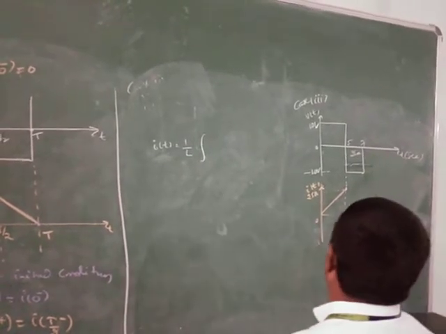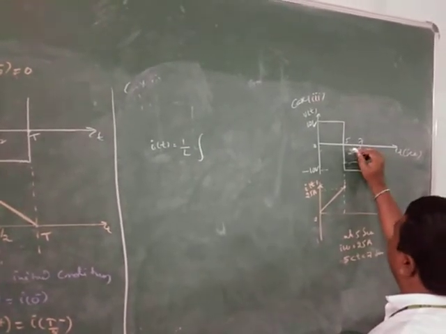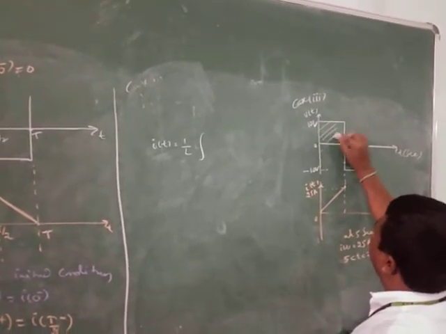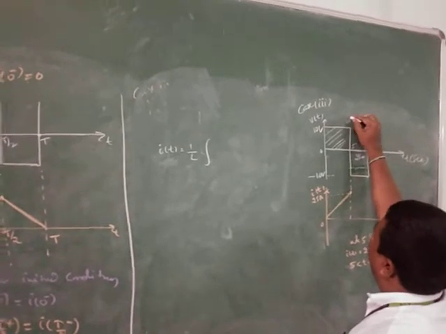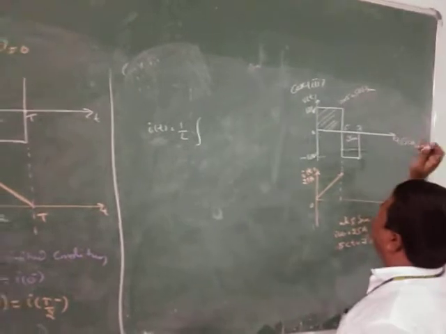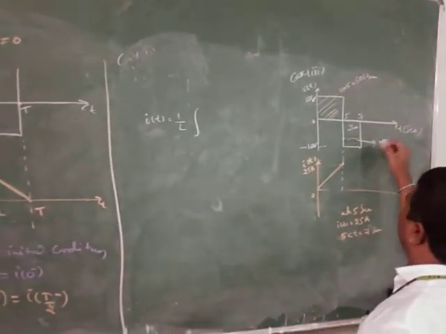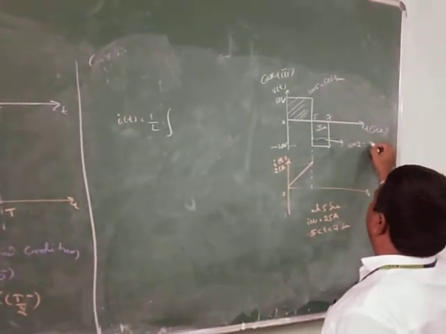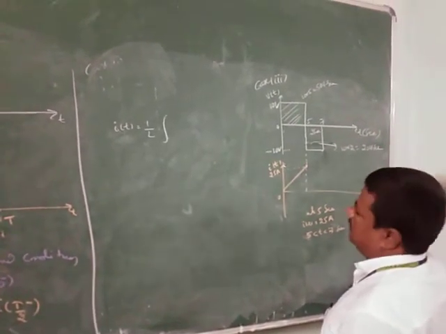Here the time is only 2 seconds. Here the area is 10 into 5, so 50 volt seconds. Here the area is 10 into 2, only 20 volt seconds.